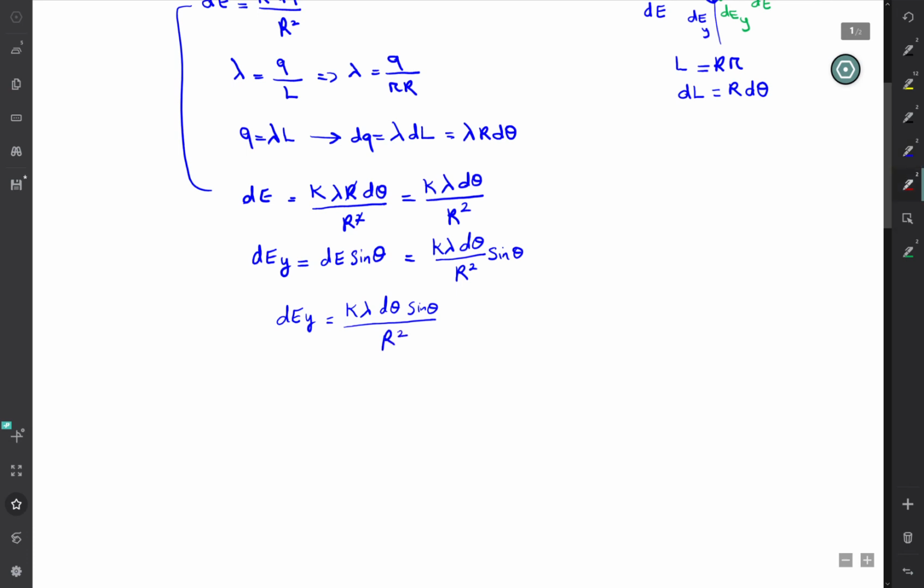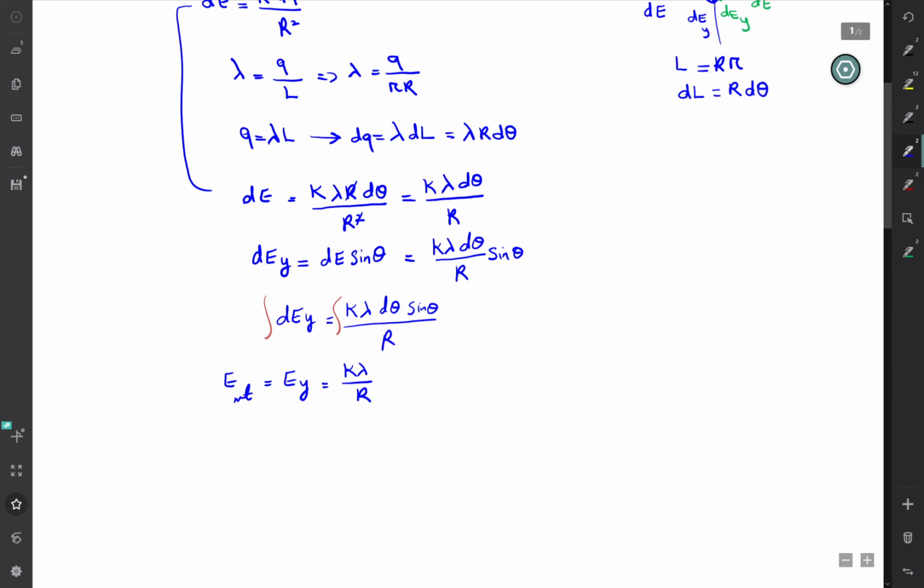If I take the antiderivative of both sides, you will have Ey, which is basically your net electric field because the x components are gone. They cancel out. So k lambda, and sorry, I had an r in here because that r squared was cancelled with the r in the top, so you ended up having r. So can I factor out that k lambda over r?